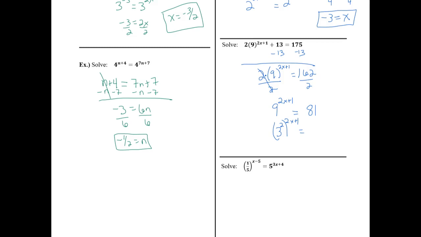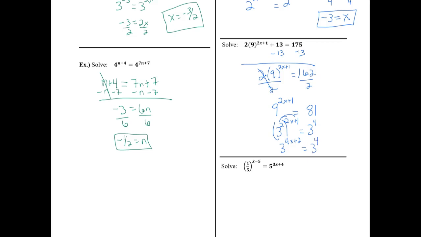And 81, if you factored it, is the same thing as 3 to the 4th power. Now on the left-hand side, I have a power to a power. I'm going to multiply and get 3 to the 4x plus 2, right? 2 times 2x and 2 times 1 will equal 3 to the 4th power.